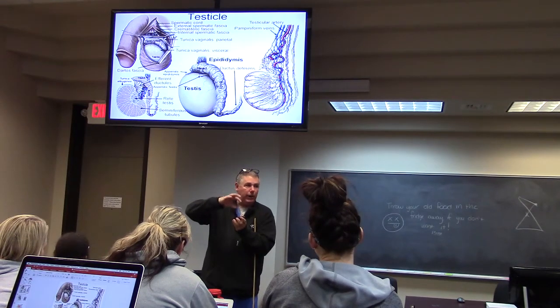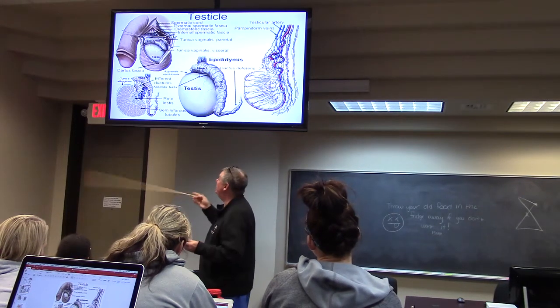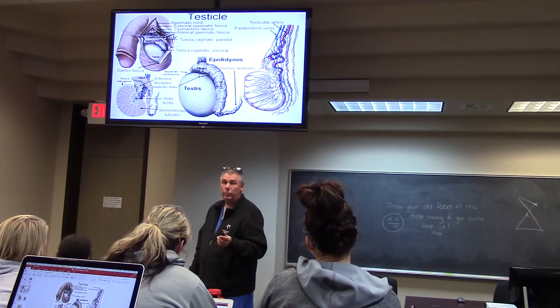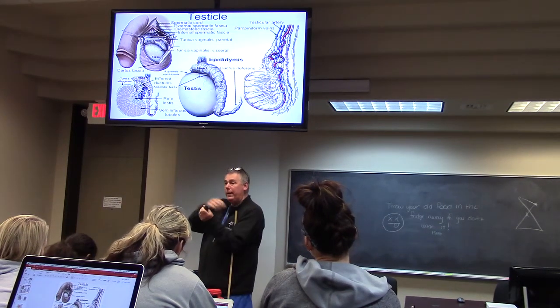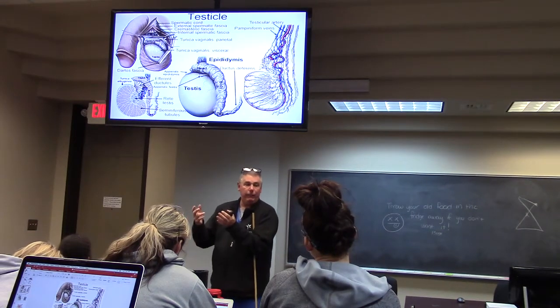It looks spongy, like you can't do it, but just pull up, and you can pull up these seminiferous tubules. It's amazing how many miles of tubules are in there, and within those tubules is where you'll have sperm formation.